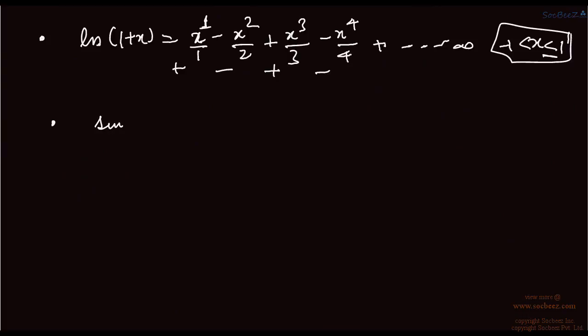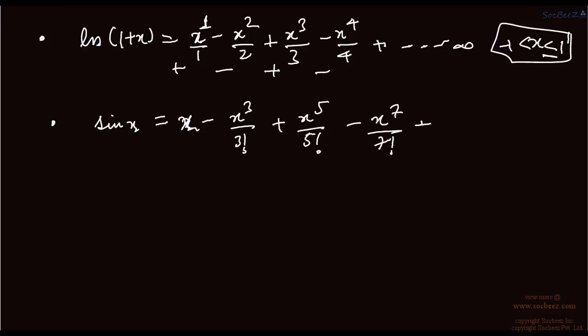Now we'll see sin x. sin x is equal to x minus x cube by 3 factorial plus x to the power 5 by 5 factorial minus x to the power 7 by 7 factorial, with alternate plus minus signs up to infinity. Fine. Now cos x, you can derive cos x from sin x by differentiating it.